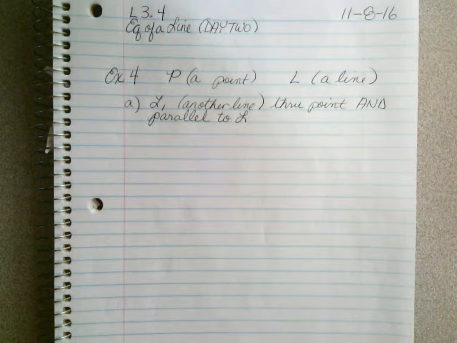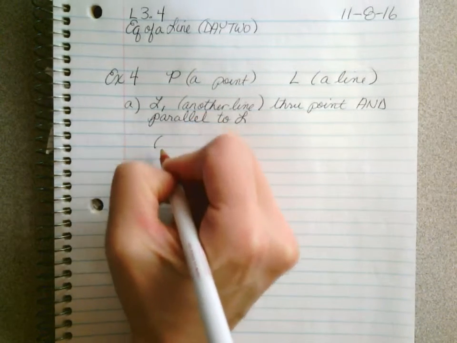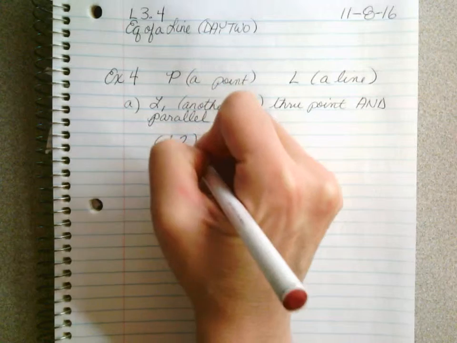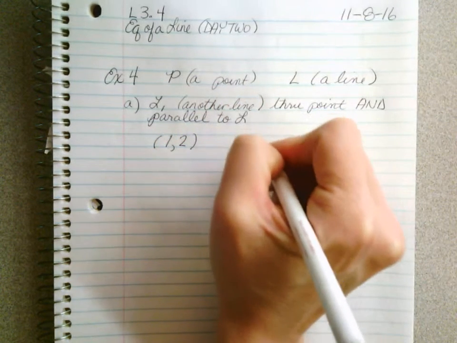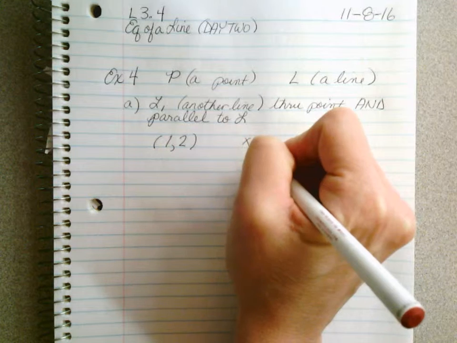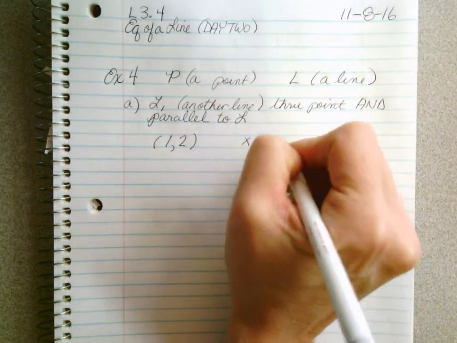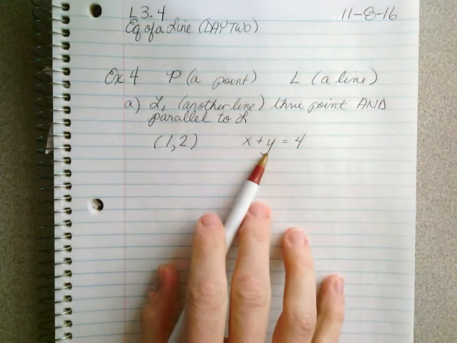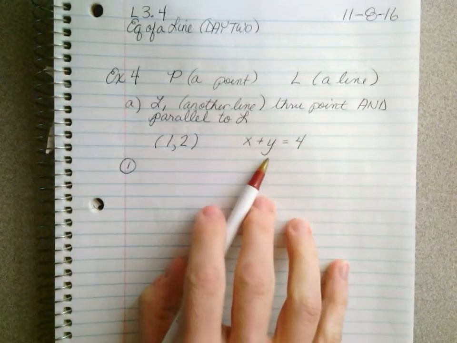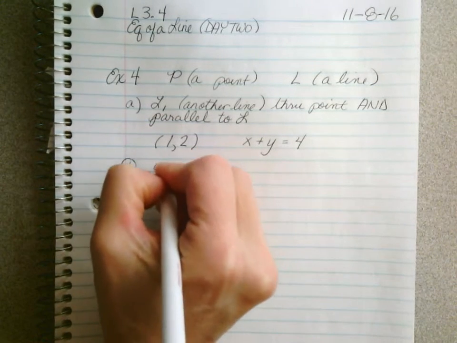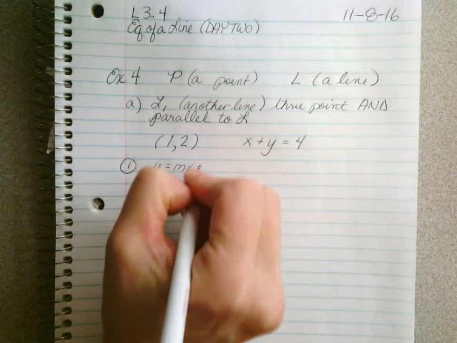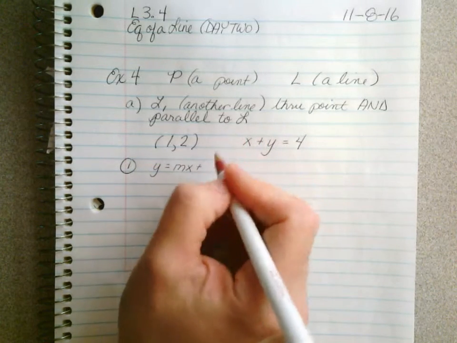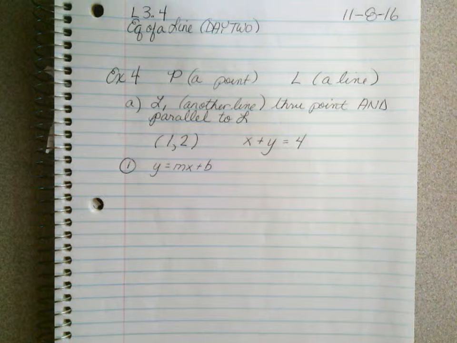All right, so let me give you some points. The point is 1, 2, and the original line was x plus y is equal to 4. X plus y is equal to 4. All right, first and foremost, I am going to take this and convert it into y equals mx plus b form to get the slope.